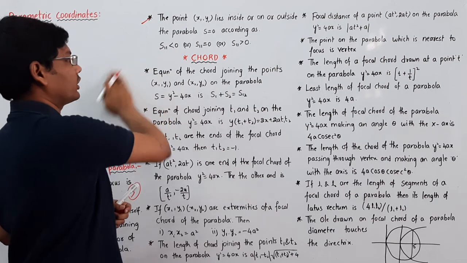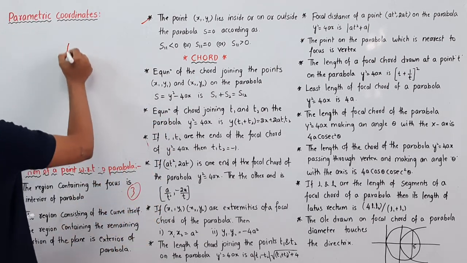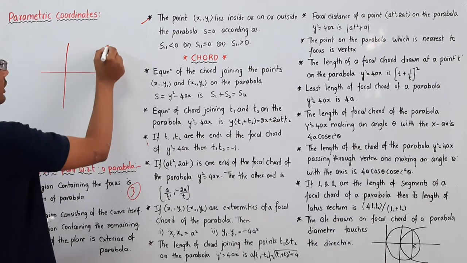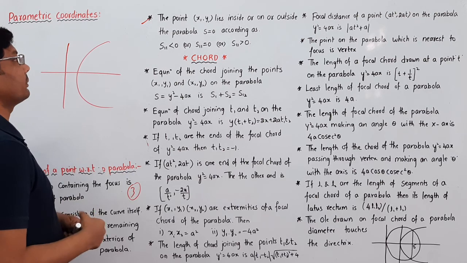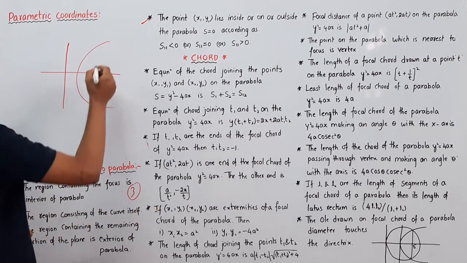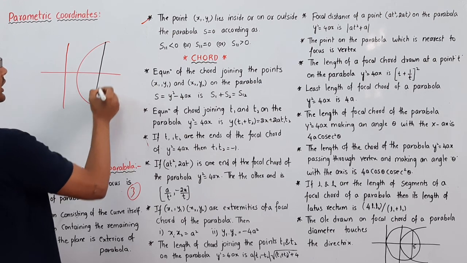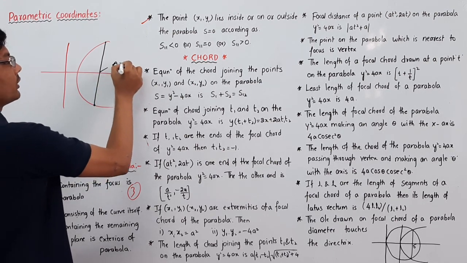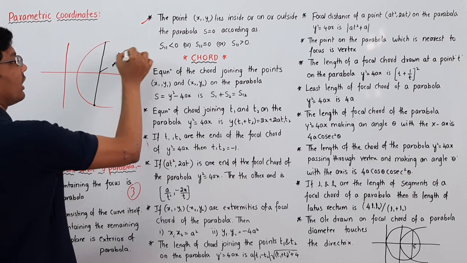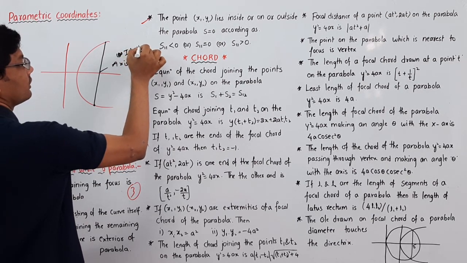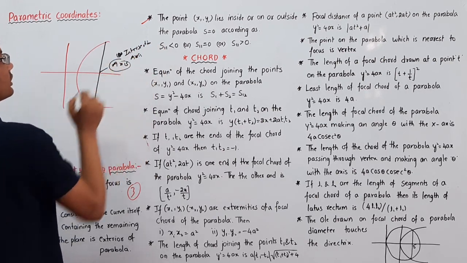And next one, chord. What is a chord here? Simply I am drawing a parabola. This is the parabola, and a chord is nothing but a line which is intersecting 2 points of the parabola and intersecting the axis.